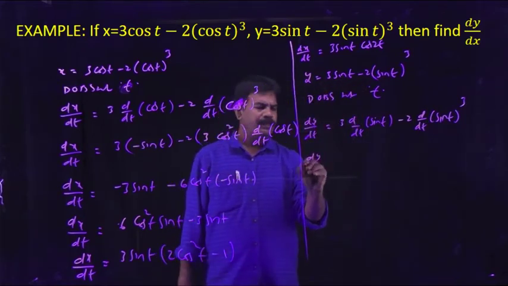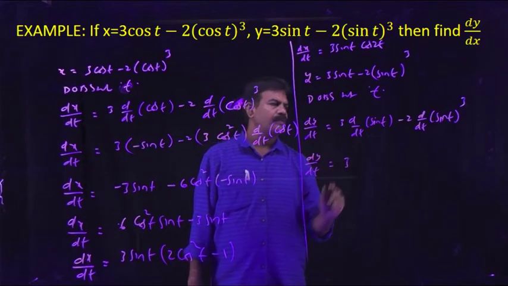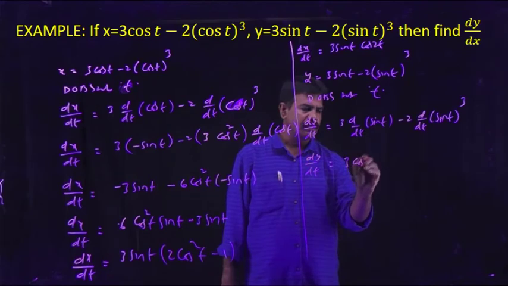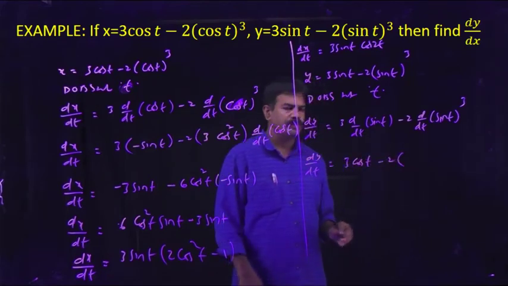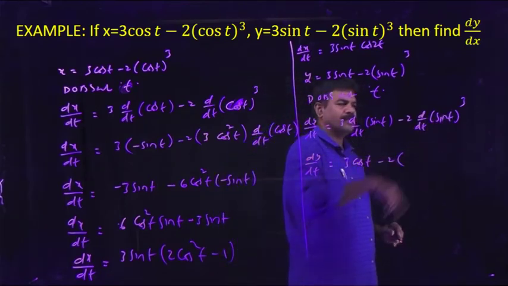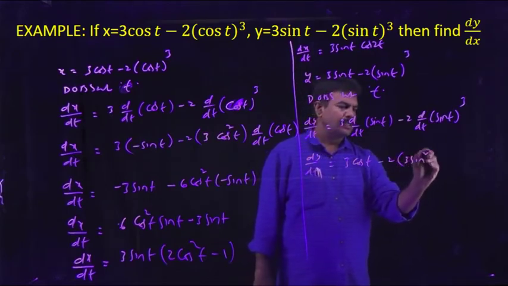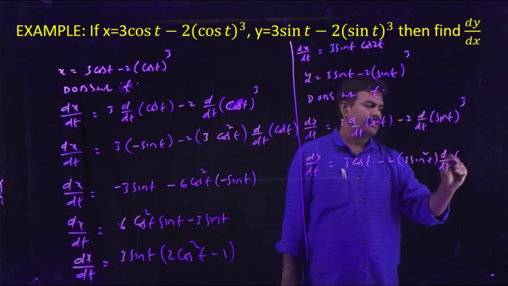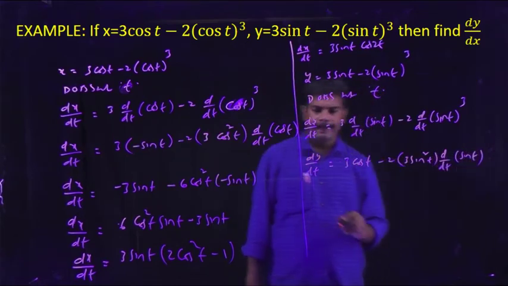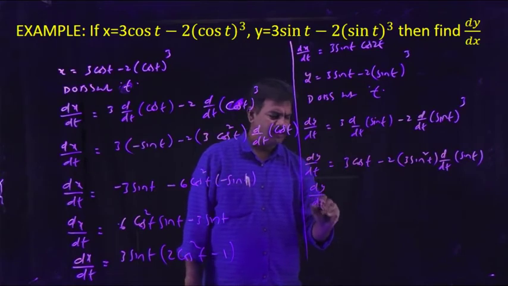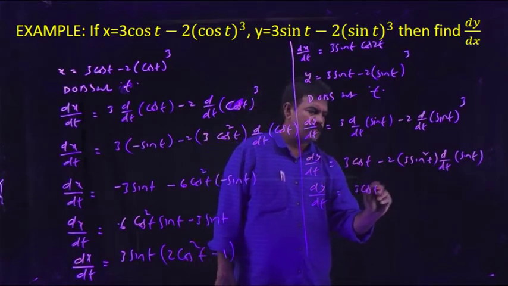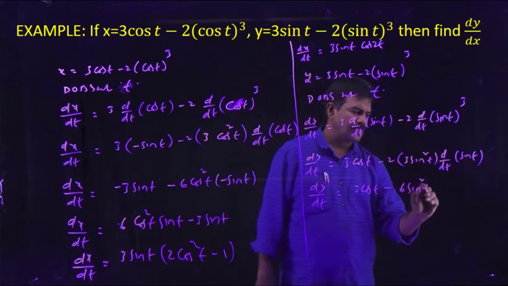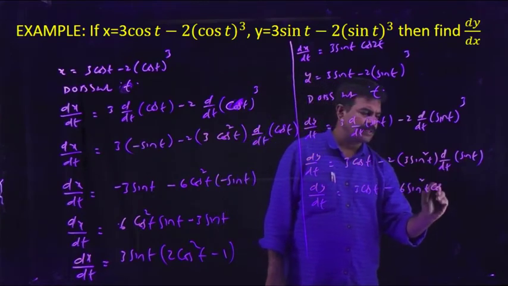That is dy by dt is equal to 3 into, we know the formula for derivative of sin t is cos t, that is 3 cos t minus 2 into, we know the exponent formula, 3 into sin square t, and the derivative of sin t. That is dy by dt is equal to 3 cos t minus 2 into 3 sin square t, derivative of sin t is cos t.